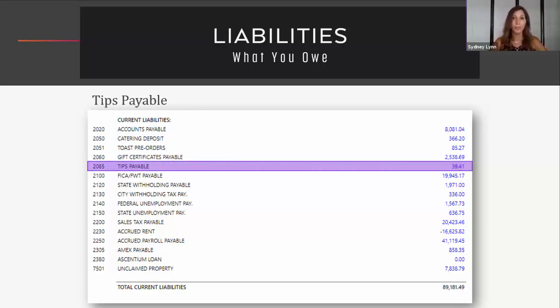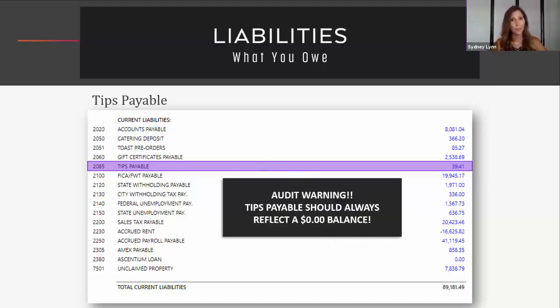Another area would be credit card tips payable. So for those of you that are paying credit card tips on payroll checks, this can easily get out of balance if you aren't verifying the total amount that was collected is matching to the penny of what was paid out on payroll. Remember, this is not your money. The total amount of credit card tips that are collected to the penny need to be paid out to the employees.